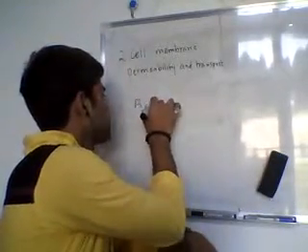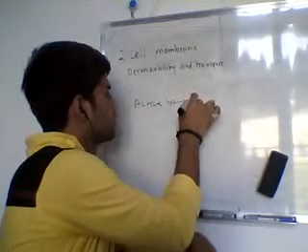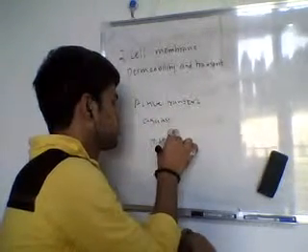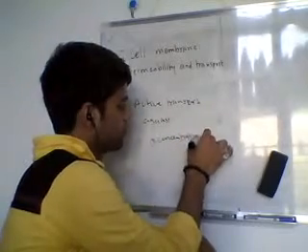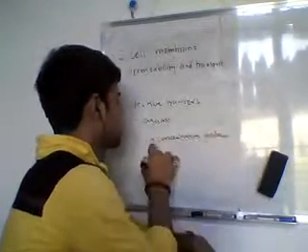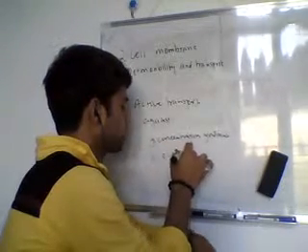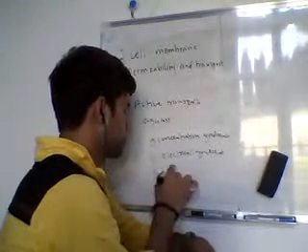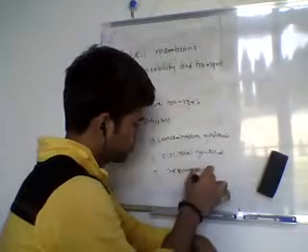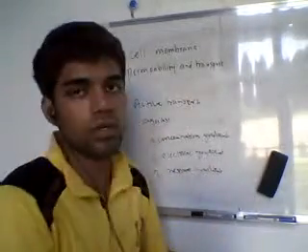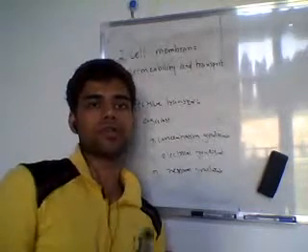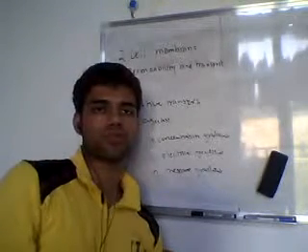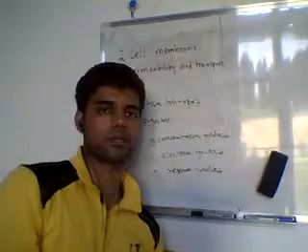Active transport is generally of two types: primary active transport and secondary active transport. Even in secondary active transport, we have secondary co-transport and secondary counter transport, right?